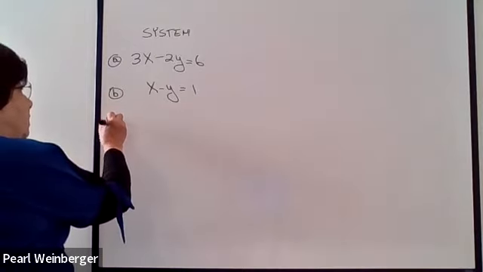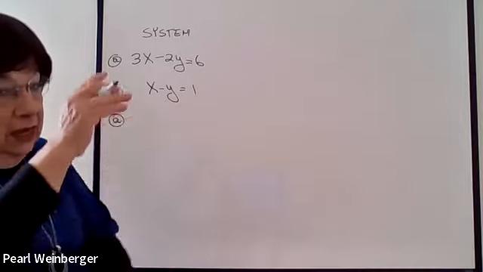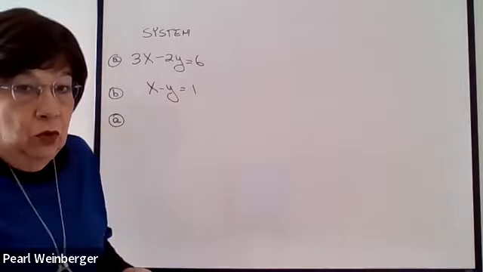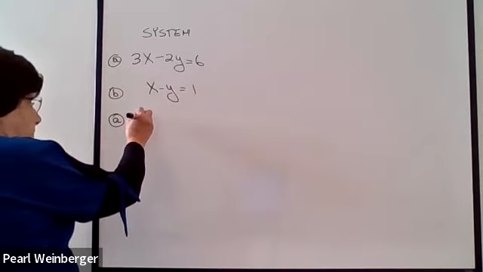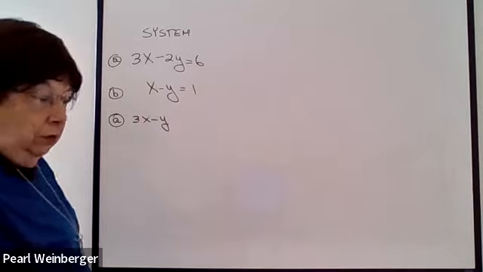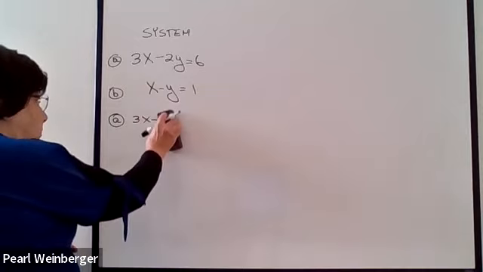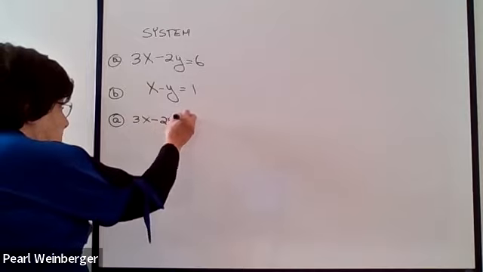So what we do is we separately, but on the same axes, the same x and y, graph each line. And in order to graph it, we have to put it in the y equals mx plus b form. 3x minus 2y equals 6.